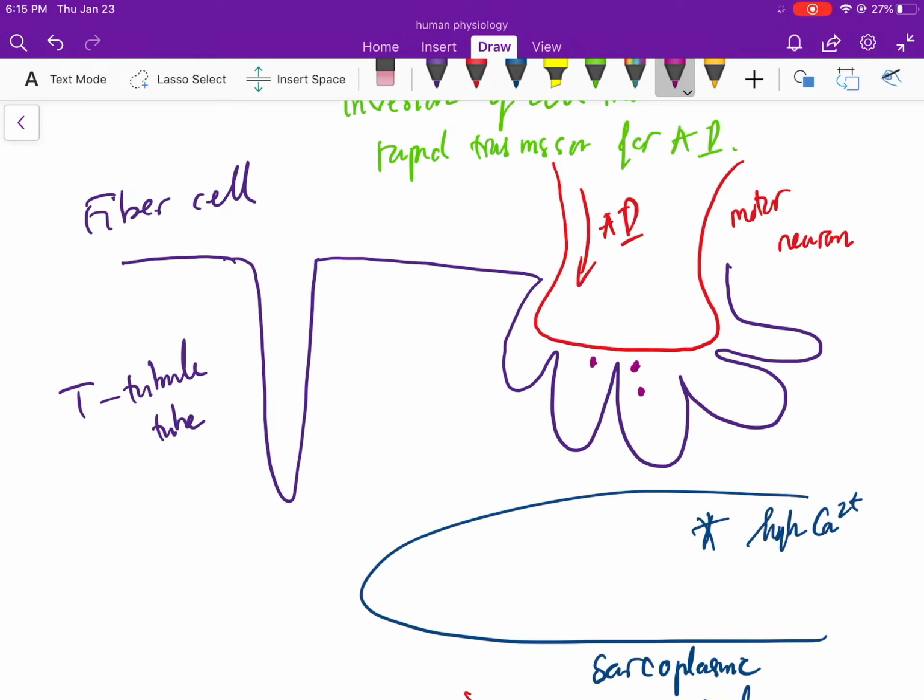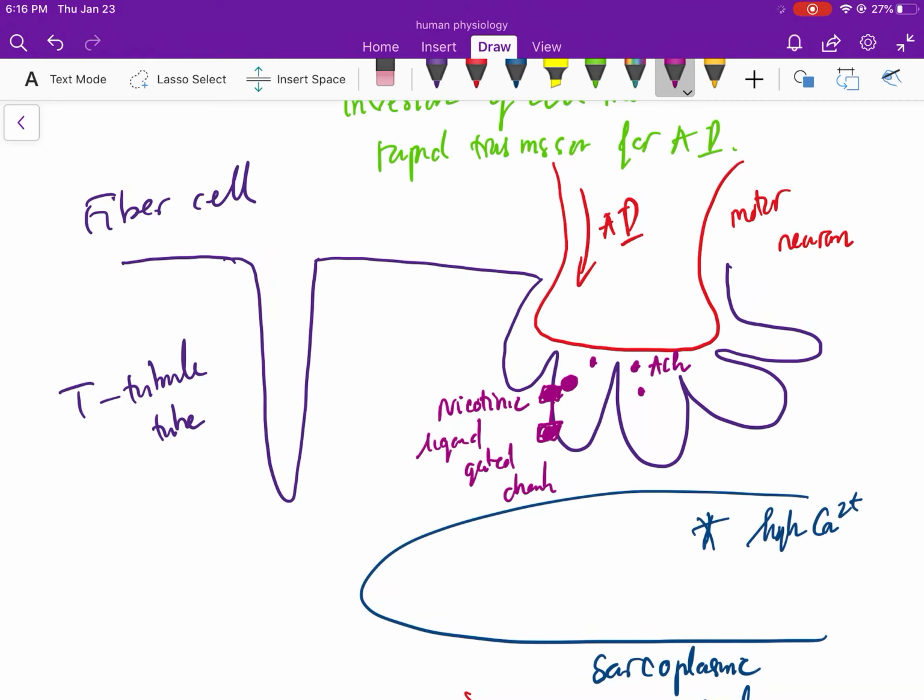The neurotransmitter is acetylcholine, and when it is released onto the muscle cell, there is one special type of ligand-gated channel, called the nicotinic ligand-gated channel. The acetylcholine binds to this, and the gate will open.